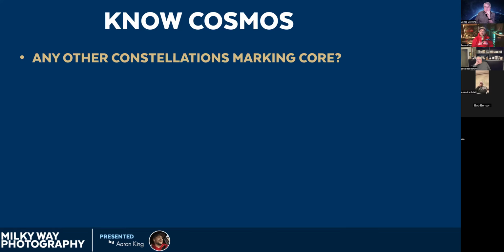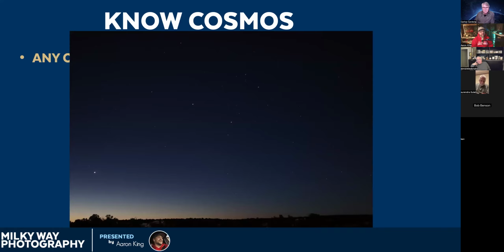Let's see, are there any other constellations that are going to help you mark where the core is? So, for instance, in that early image I showed you, where I technically had a picture of the Milky Way core but didn't know it, if I had known this, I would have realized it. Right there is that image. And you can see, I'm on that right side of the constellation that marks the core. What is that?